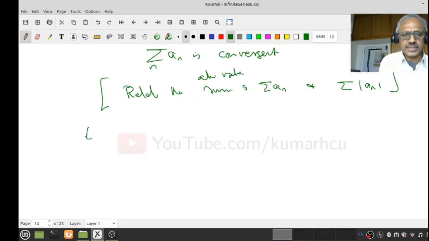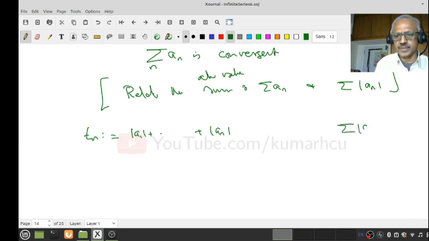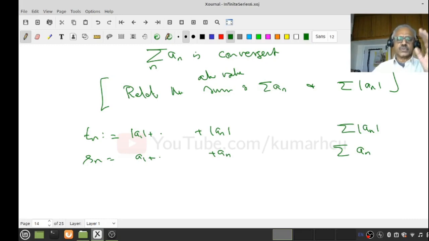So let T_n be the partial sums of the absolute value series, these are the partial sums of mod a_n, and let S_n be the partial sums of the series a_n. To show the infinite series a_n is convergent, what do I have to show?